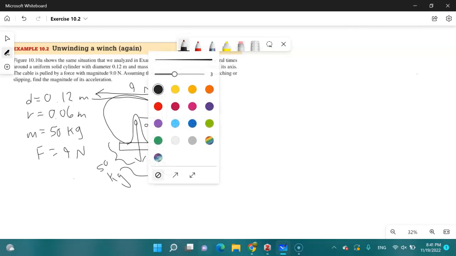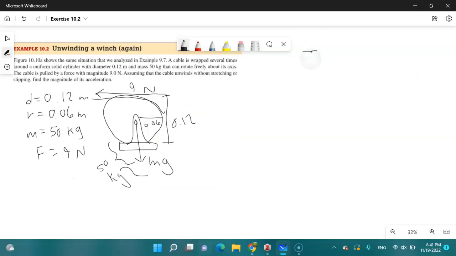So now that we know both the values, we know that the torque is 0.54 newtons times meters, and we also know now that the inertia is 0.09 kilograms times meters squared. So now that we know this, we actually can find the angular acceleration that we're trying to get to. So the angular acceleration is the torque over the inertia.